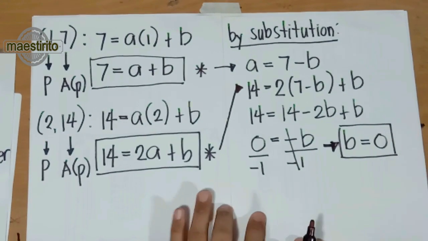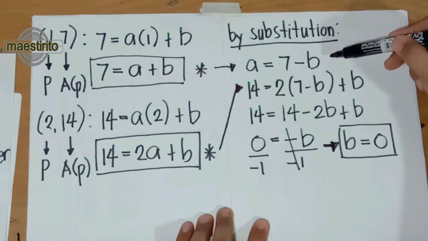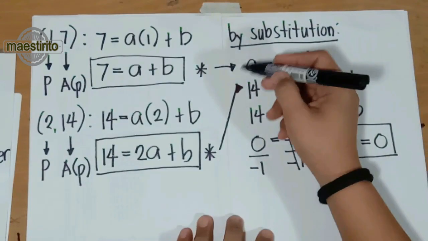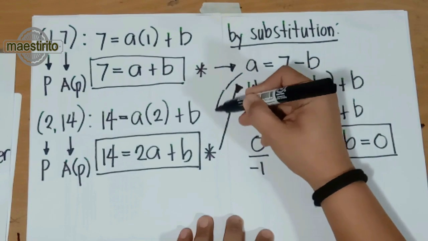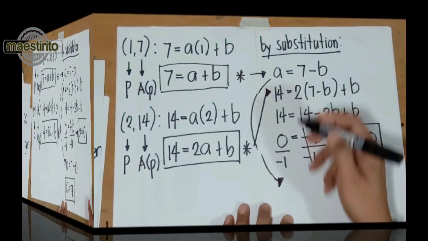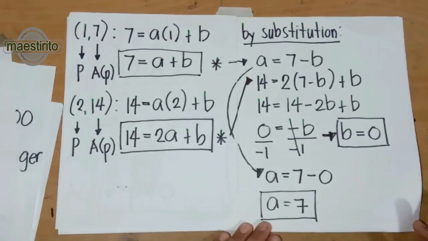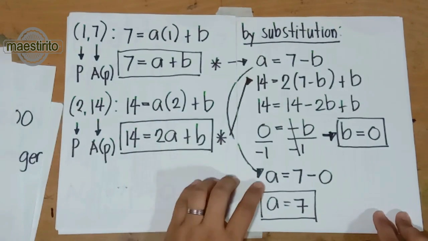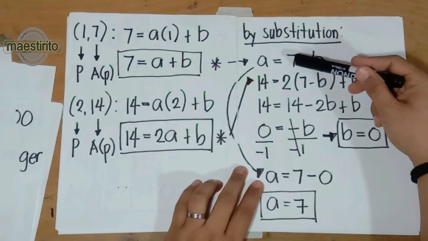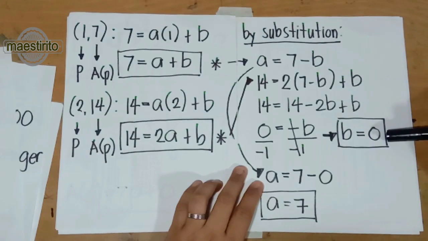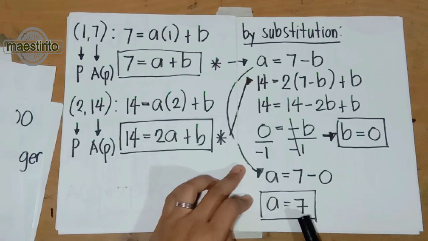So how are we going to look for the A? Let's go back here. The A, of course, is still A, because that is what we're looking for. And then 7 is still 7. And then we now substitute B with the 0 that we have found here. So that will give us 7 minus 0, and therefore A is equal to 7.